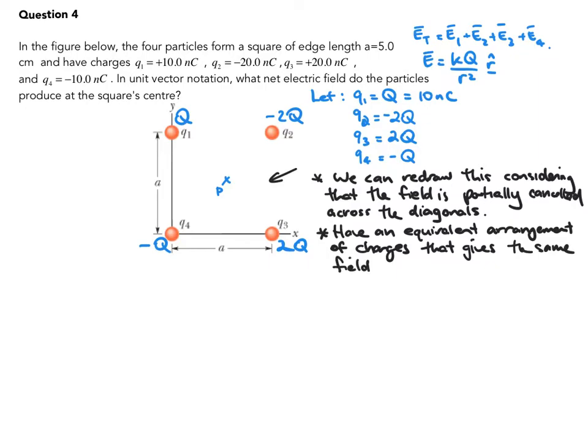Okay, so I'll get around to drawing that over here. So we can now say that we can get rid of this guy, and we can get rid of this guy, because they get partially cancelled out by this one and this one across the diagonals.